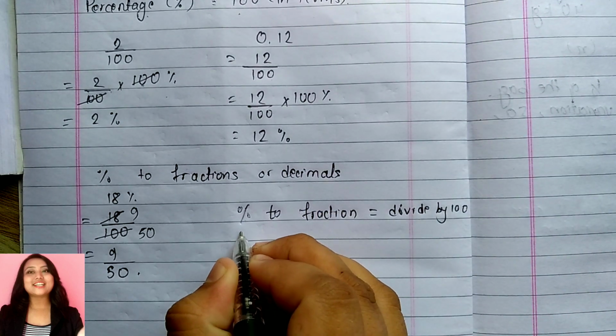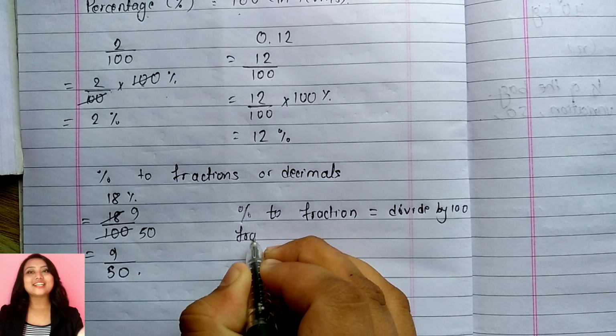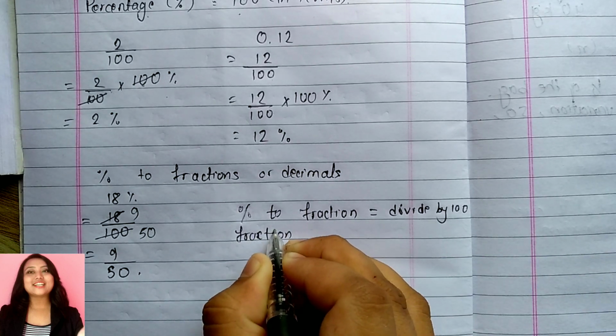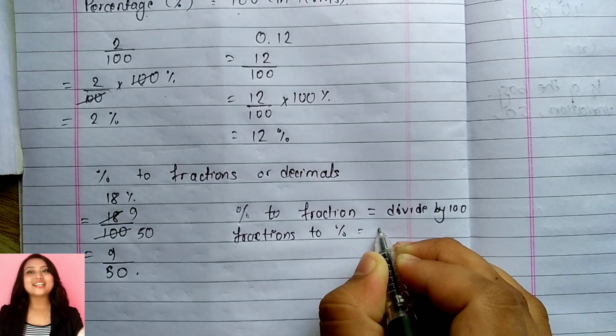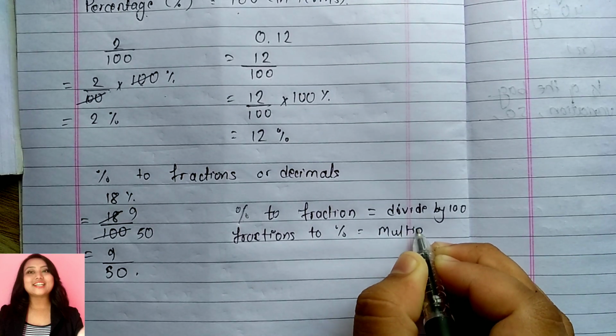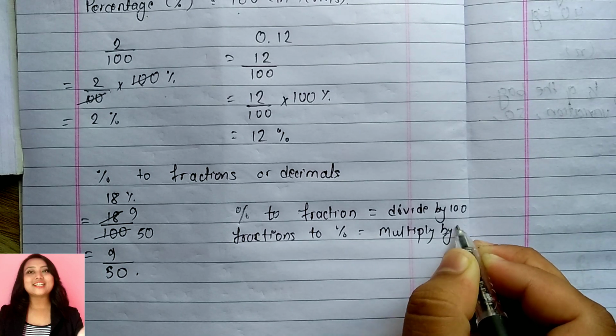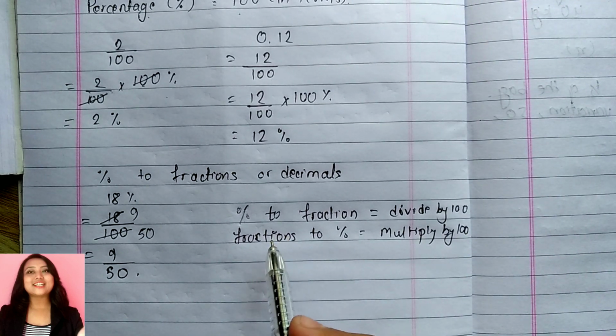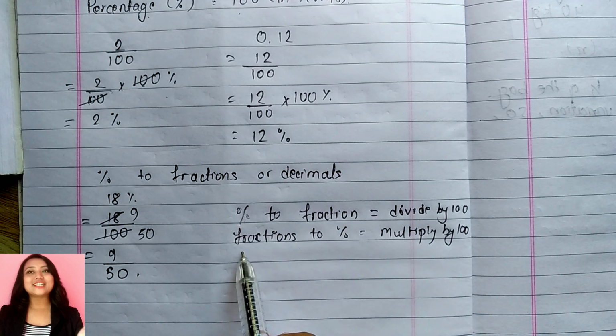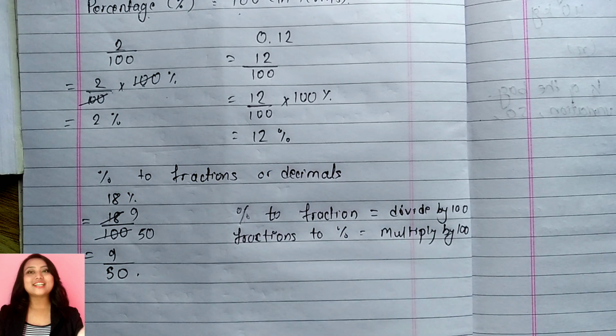And whenever we have to change from fractions or decimals to percentage, then we have to multiply by 100. This is the basic thing that you need to understand. From percentage to fraction, divide. From fraction to percentage, multiply. So let's check the questions from the book.